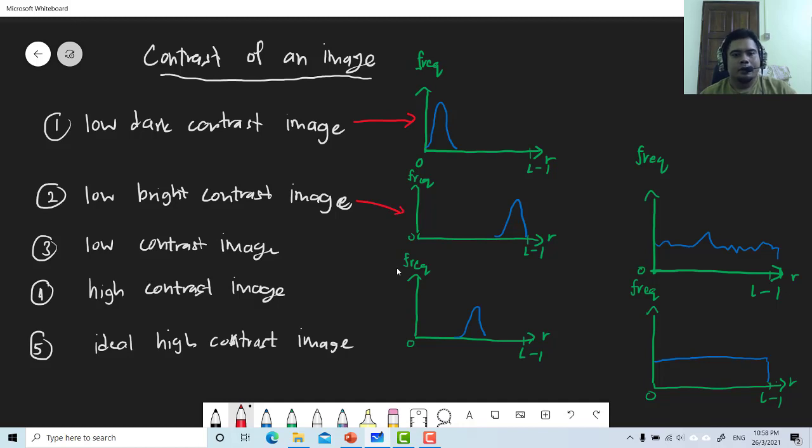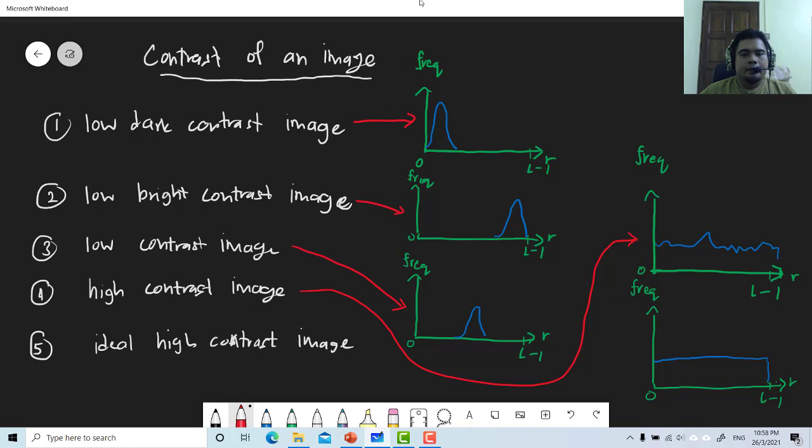So the low contrast image is when the histogram is very narrow. For a high contrast image, it should look like this, meaning that almost all intensity levels or gray level values are occupied by that image.